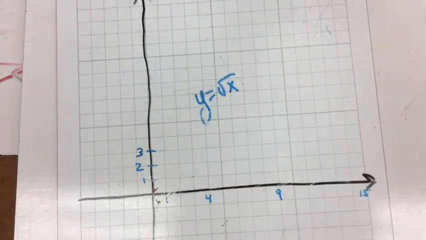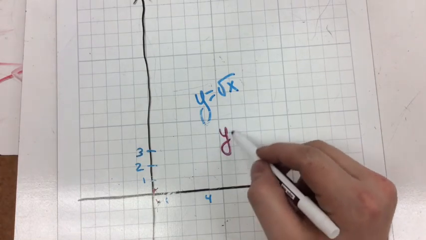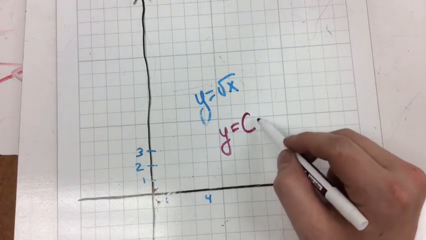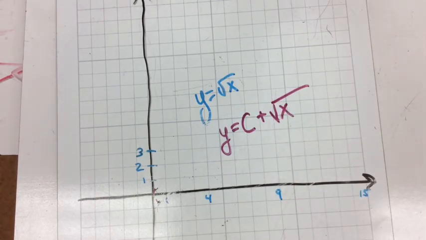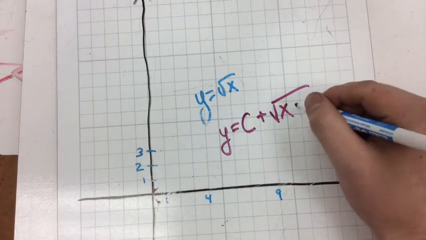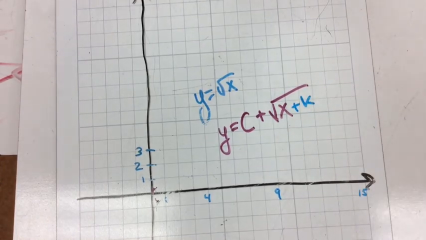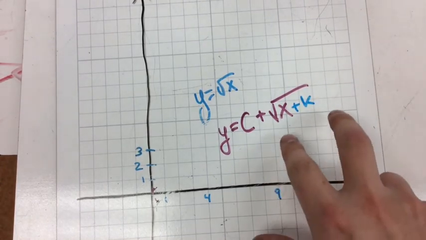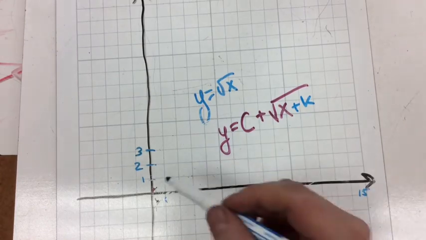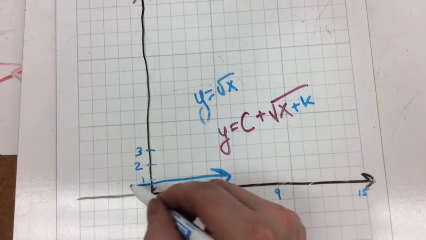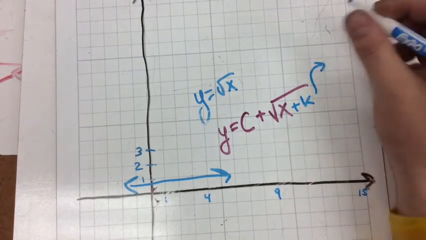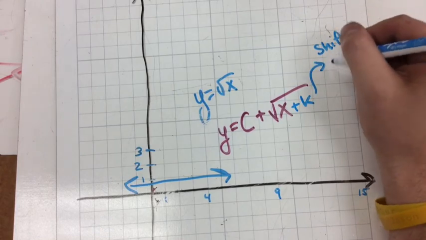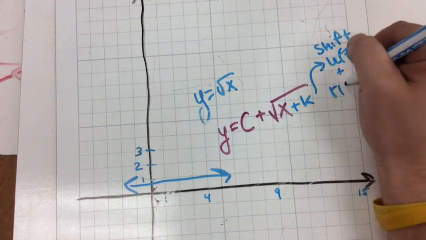Okay, when we are graphing, we're not going to just see the square root of x every time. We're going to see constants outside of the radical and constants inside of the radical symbol. What k is doing is shifting graphs left and right, so when it's inside, this is going to shift left and right.